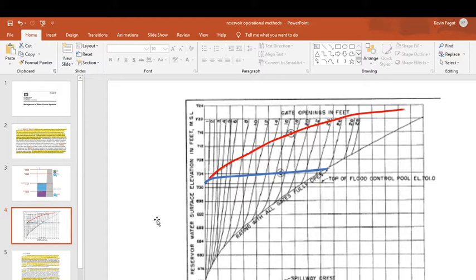That can be as simple as continuing to increase your releases systematically until you meet inflow. And what happens is you stop the rise of the pool, or your releases may be governed by a surcharge operation. Now, I have several videos that deal with surcharge operations. But the blue line here is showing the surcharge envelope curve.